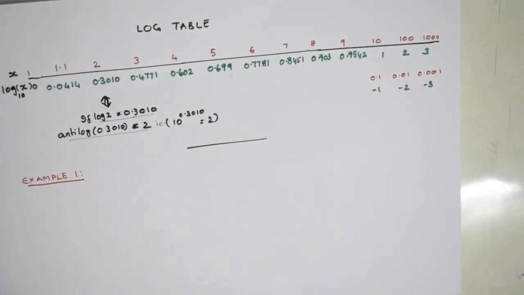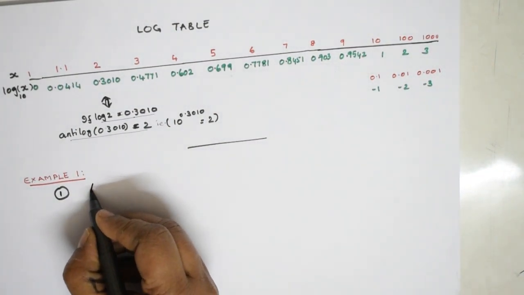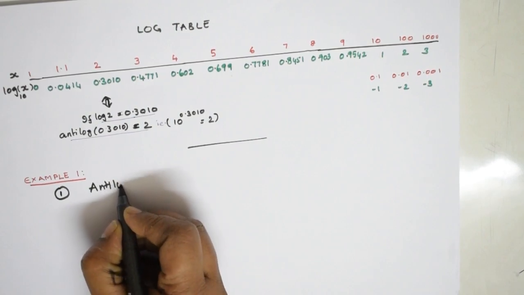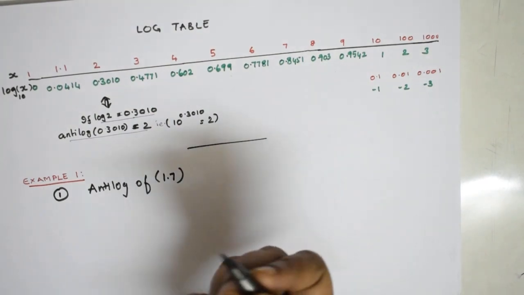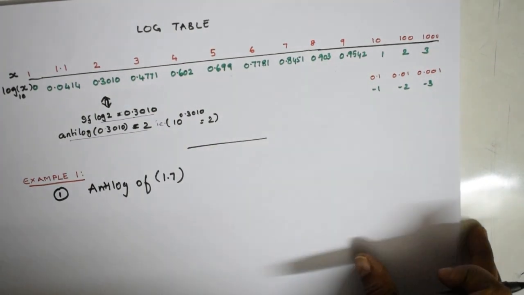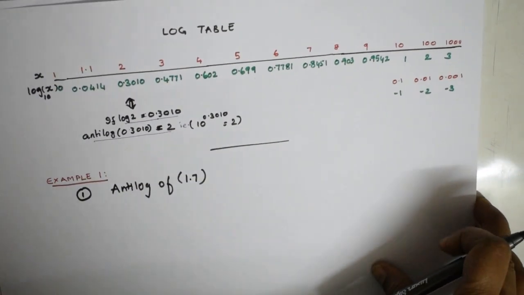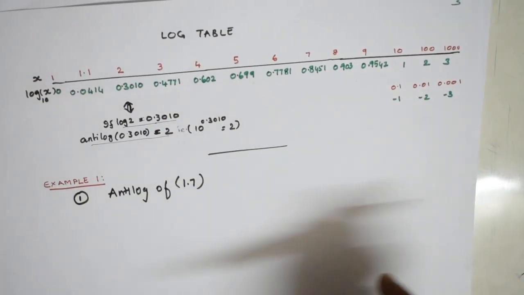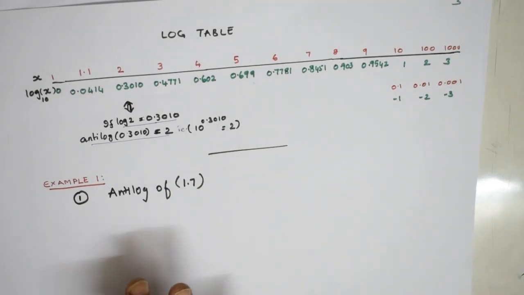Now let us take the first example. Suppose you are asked to find the antilog of 1.7. Okay, so here, remember 1.7, let me take my pen and see, there are two parts.